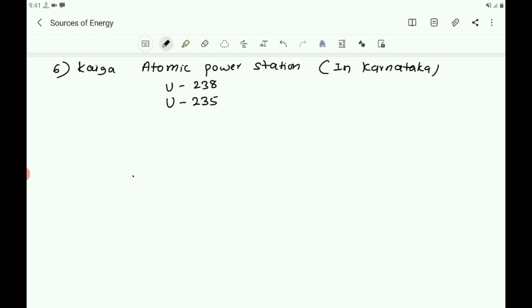The major hazard of nuclear power generation is the storage and disposal of spent or used fuels. The three types of radiations emitted by the unstable nucleus are alpha, beta and gamma, and they have some harmful effects. Which are the harmful effects of these radiations? Alpha rays are harmful when the source producing them enters the body.